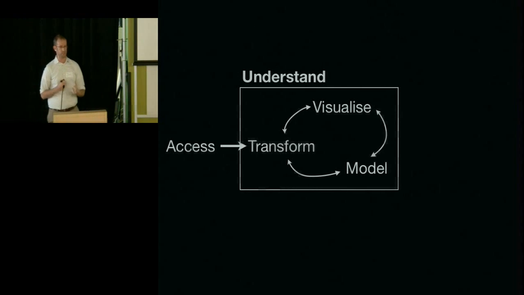Each of these components has particular strengths and weaknesses, right? Visualization is great for revealing the unexpected, but it doesn't scale very well. You've got to look at everything. If you've got 100,000 variables, then looking at every scatter plot just isn't going to work. So that's where models come in. Models give you a nice scalable approach to data analysis. They allow you to pass off a lot of the hard work out of your head to a computer.